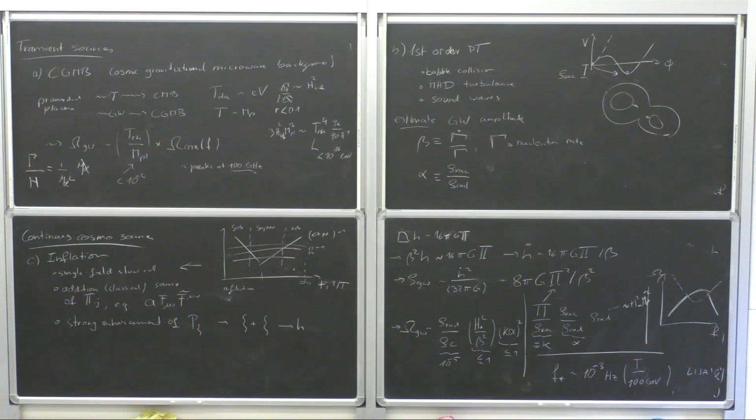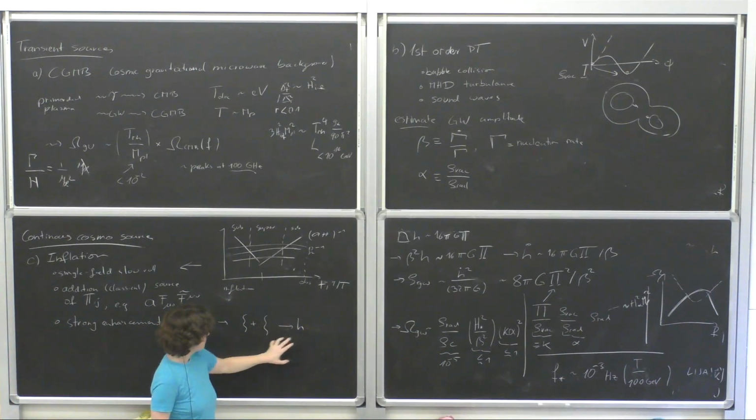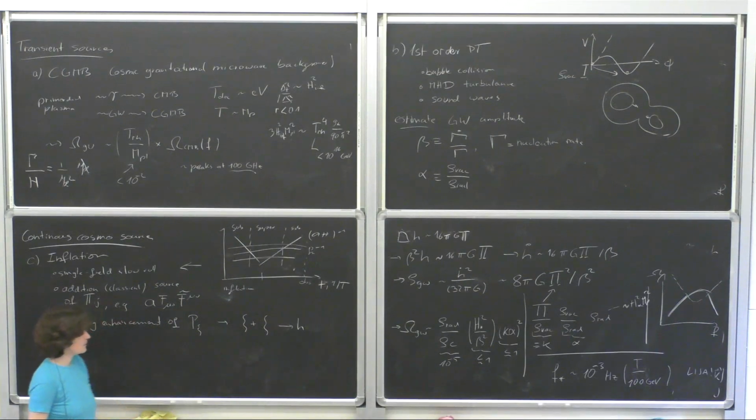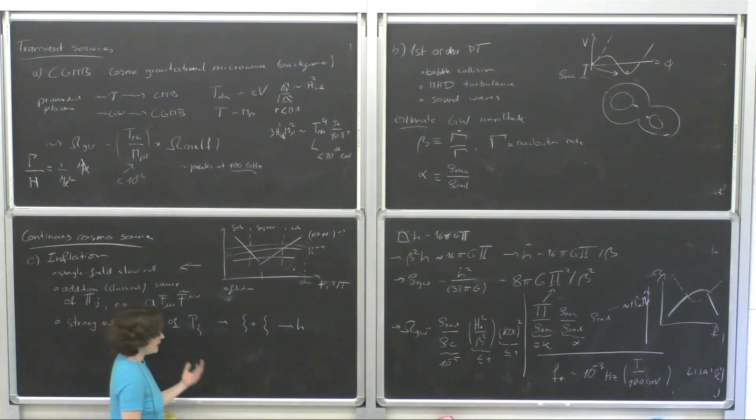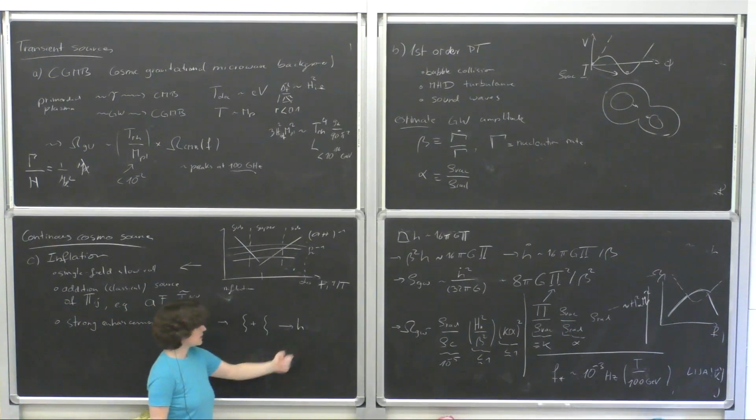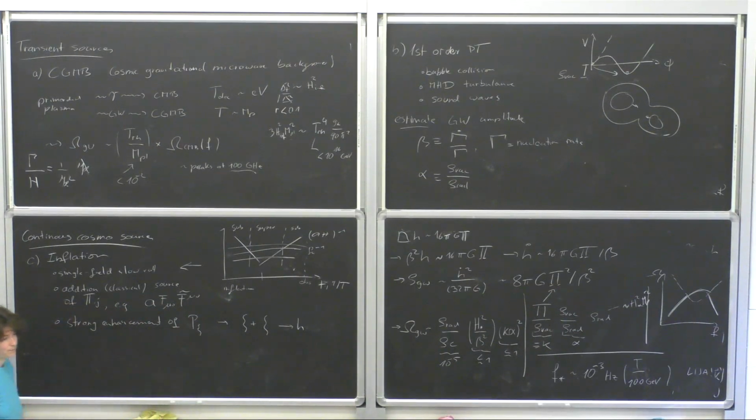But it is something that people look at, mainly because if you play this game, not only do you get gravitational waves, but these scalar fluctuations typically also give you some abundance of primordial black holes. So typically models that give you primordial black holes, and hence a dark matter candidate, at the same time give you a gravitational wave spectrum.